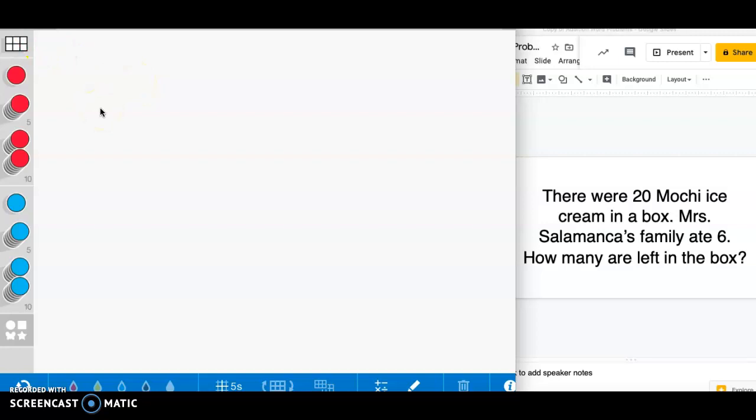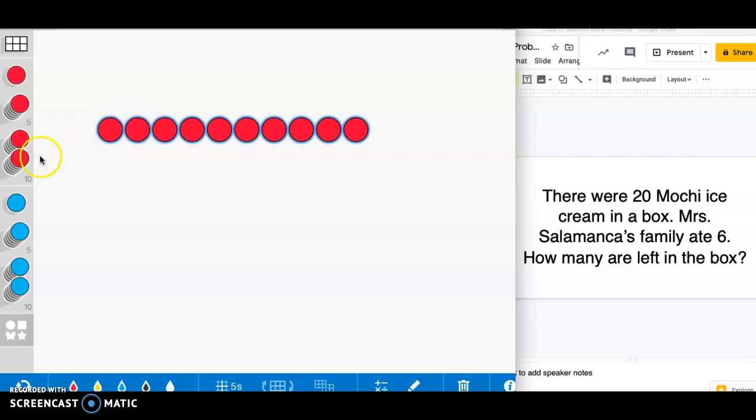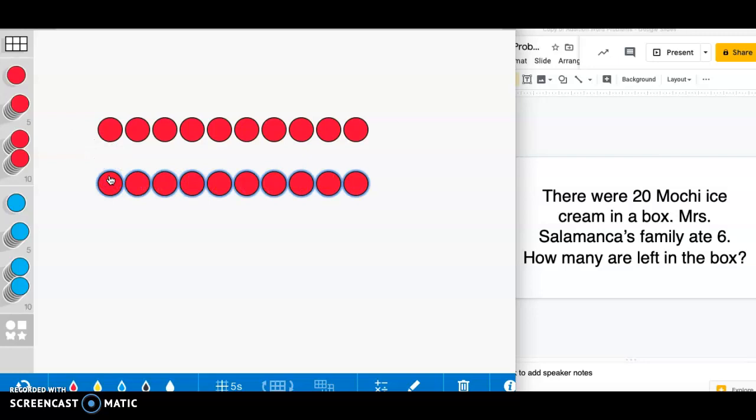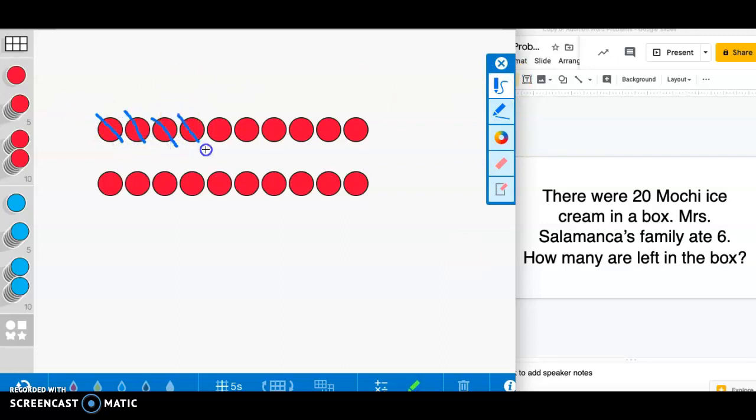Okay, let's check our work. So there were 20 mochi ice cream in a box. So I'm going to put 20. Here's 10. And here is 20. 10, 20. Mrs. Salamanca's family ate 6, so you should have crossed out 6. 1, 2, 3, 4, 5, 6.